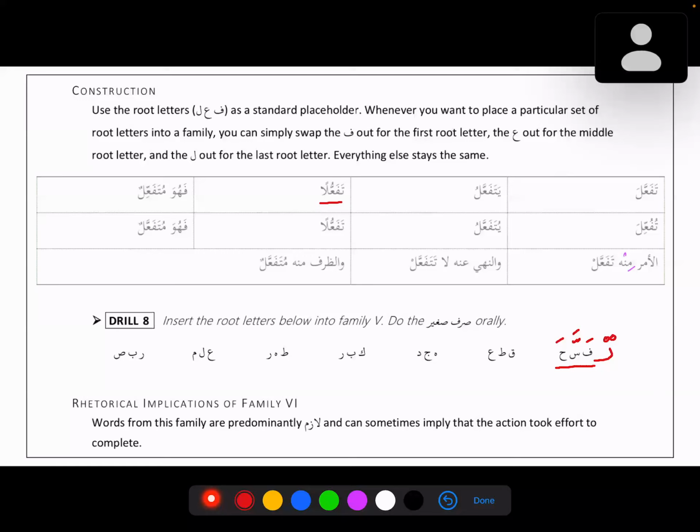Now let's do the conjugation of it. Who is ready? Bismillahirrahmanirrahim. Tafassaha, yatafassahu, tafassuhan, fahuwa mutafassihun.